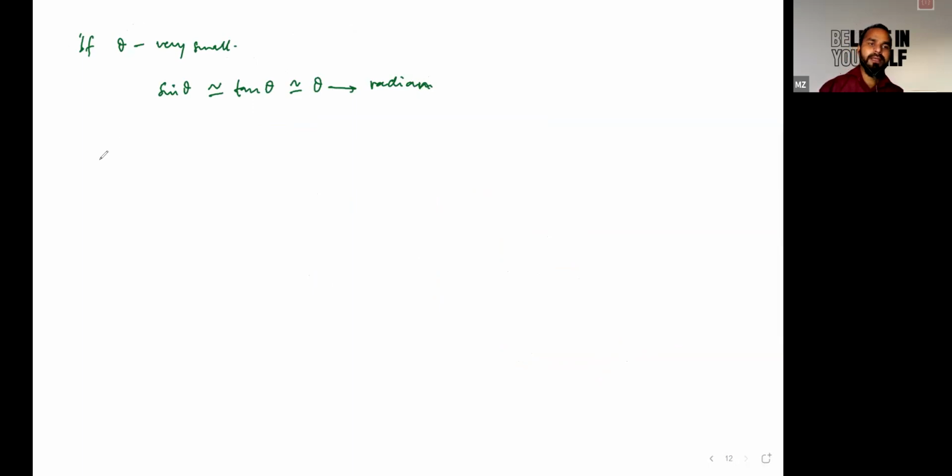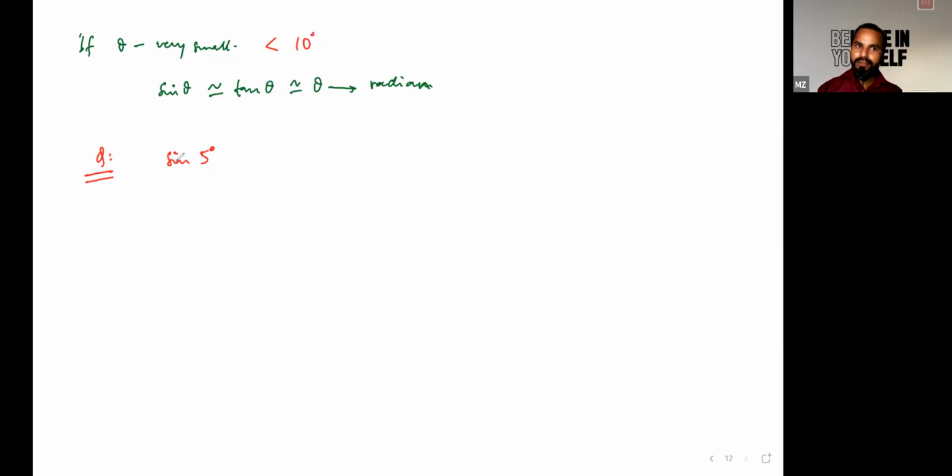Let's say you have to calculate sine of 5 degree. This angle is very small. For sine it is valid up to 30 degree, but for tan it is valid for only 10 degree. So you may take less than 10 degree.